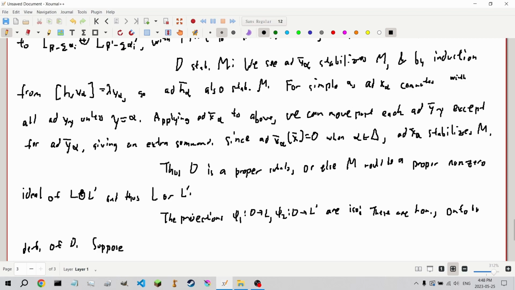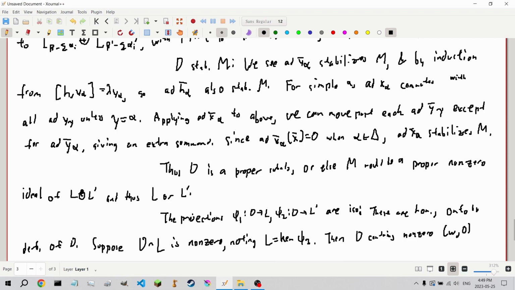Suppose the intersection of D and L is non-zero, noting L is the kernel of C2. Then D contains some non-zero pair W with 0.